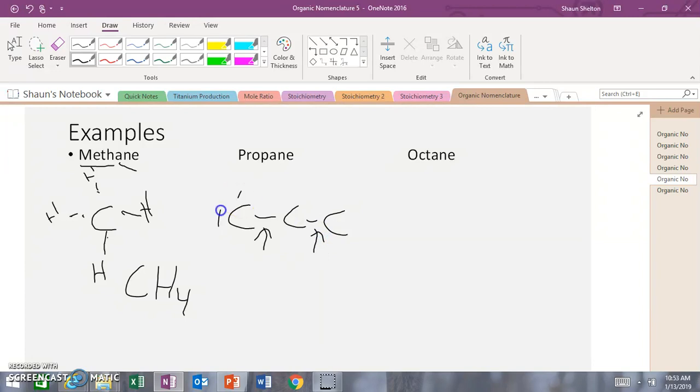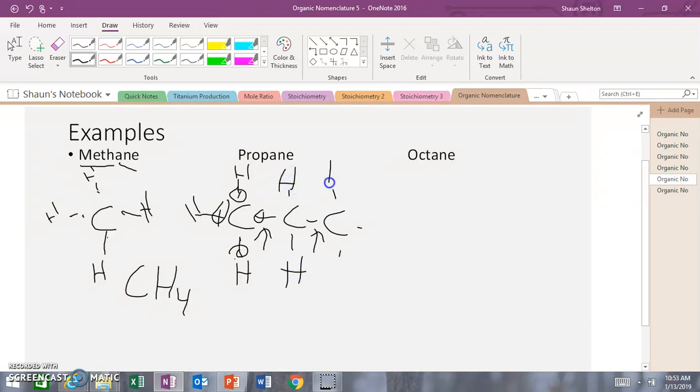Alright, so now adding the hydrogen, just like we did on methane here, this will achieve the octet for this carbon. So you got 1, 2, 3, 4, and then each bond carries 2 electrons. That's 8 total electrons there, so that achieves that octet. And you'll do the same thing for the other two. So you have 2 hydrogens on the middle carbon, and then 3 hydrogens on the right carbon.